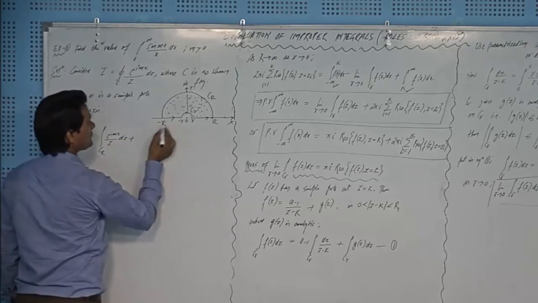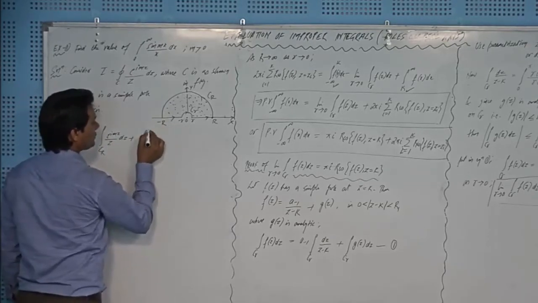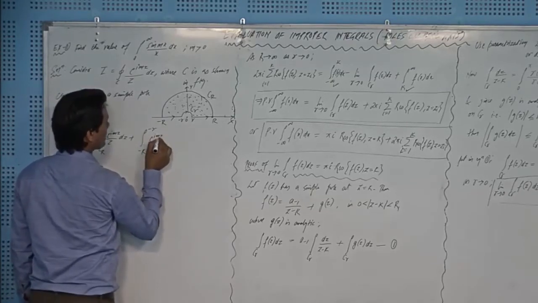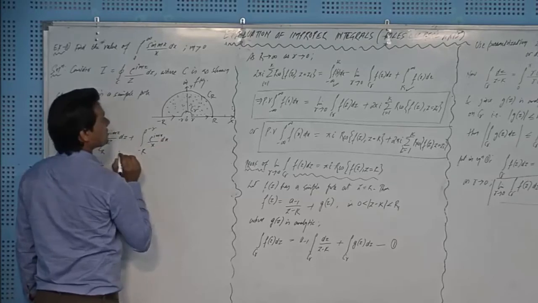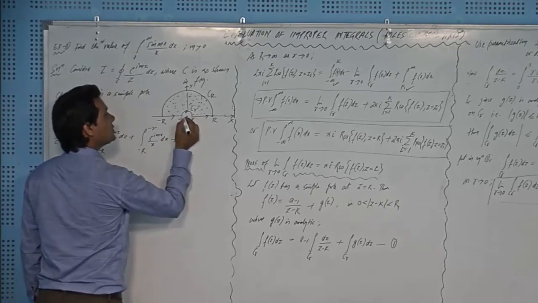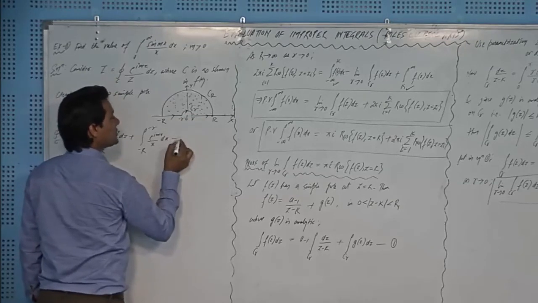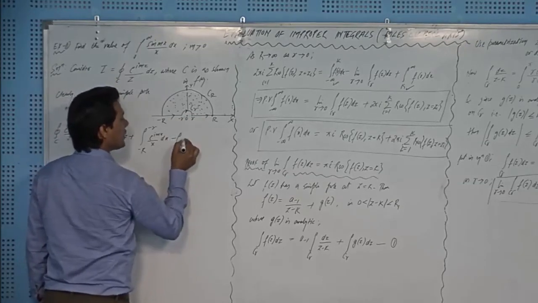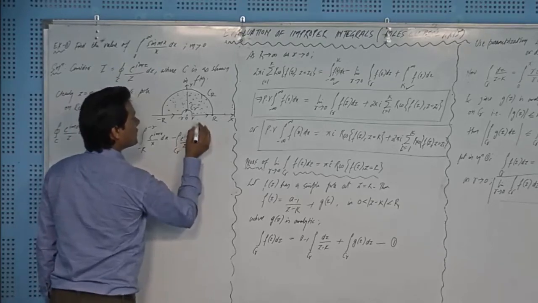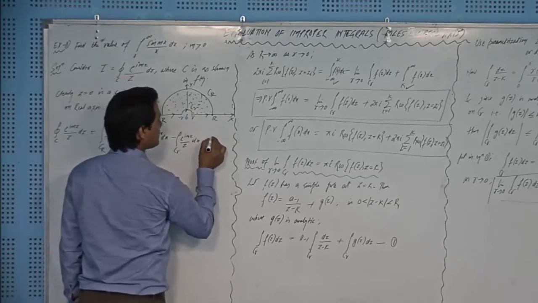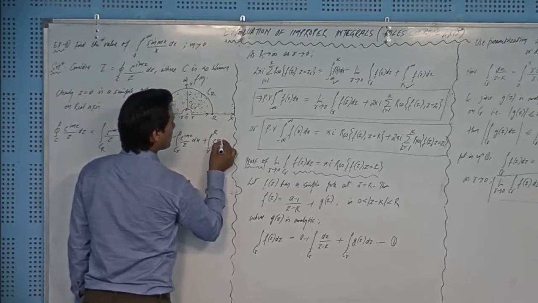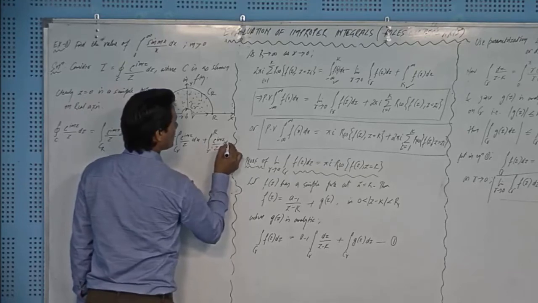Then we have the integral from minus R to minus r of e to the power iota mx over x dx. Then we have the smaller semicircle, but it is placed in the negative direction, so I put a minus here, over C small r of e to the power iota mz over z dz. Then we have r to capital R of e to the power iota mz over z dz.